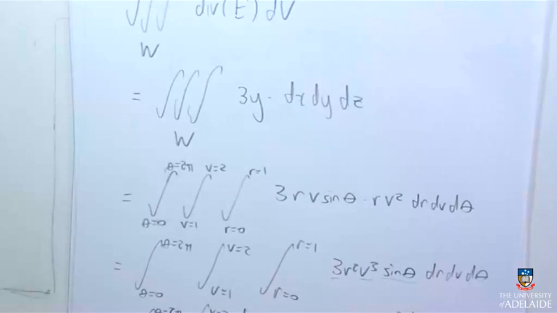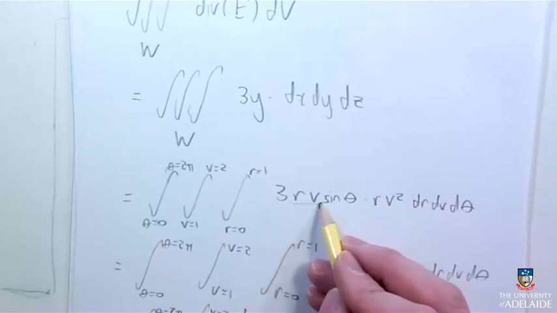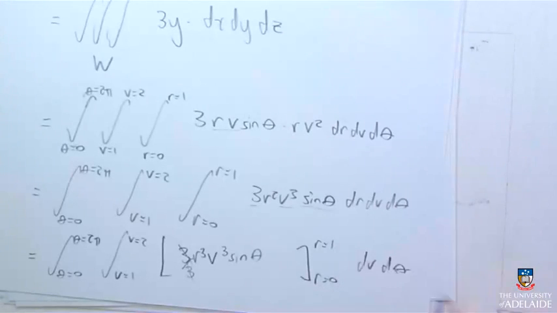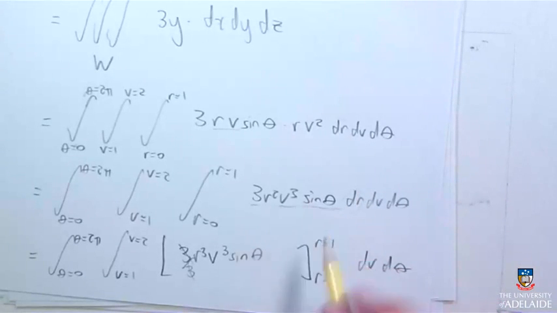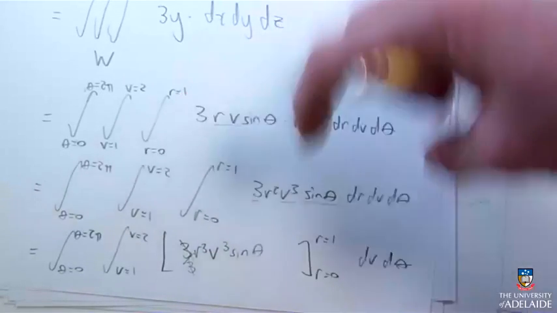So one of the nice things about this integral is I could have, if I was being very focused, gone, well, see this r and this v. No, this integral is in terms of r, and so this sine theta and this v cubed don't involve r, so they could come out of the integral. And then the integral involving r itself can come out of the full integral itself.